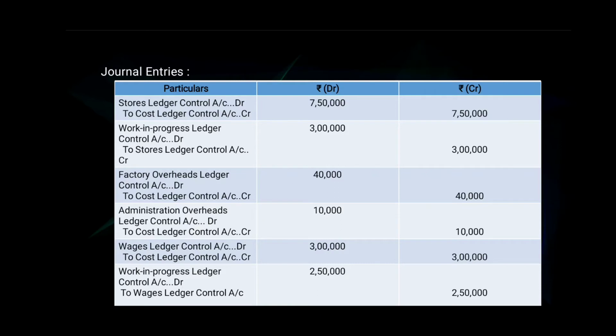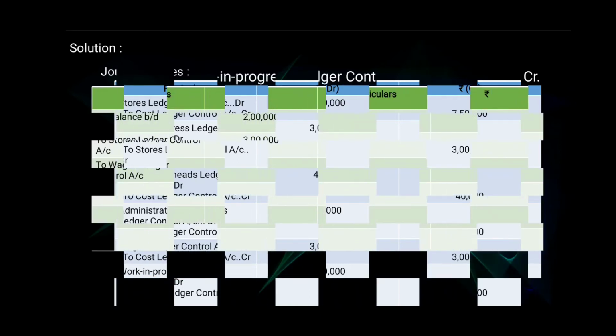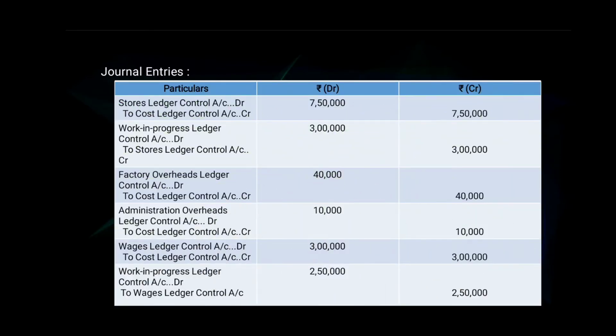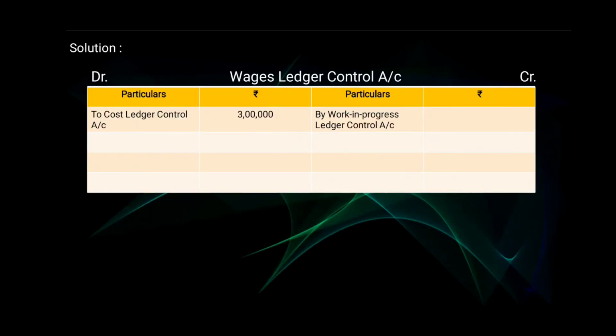So the first effect will give in work in progress ledger control account to wages ledger control account, amount will be 2,50,000. And now the next effect will give in wages ledger control account by work in progress ledger control account, amount will be 2,50,000.